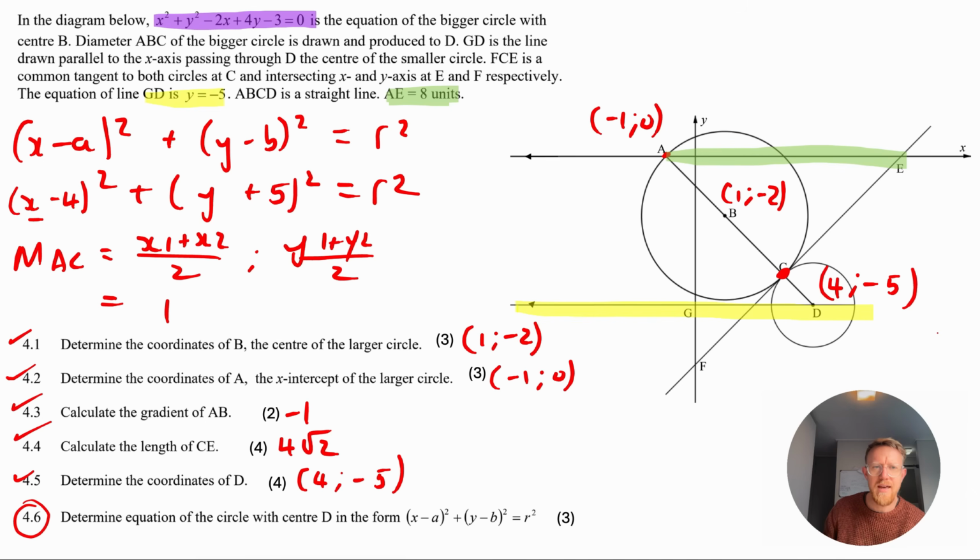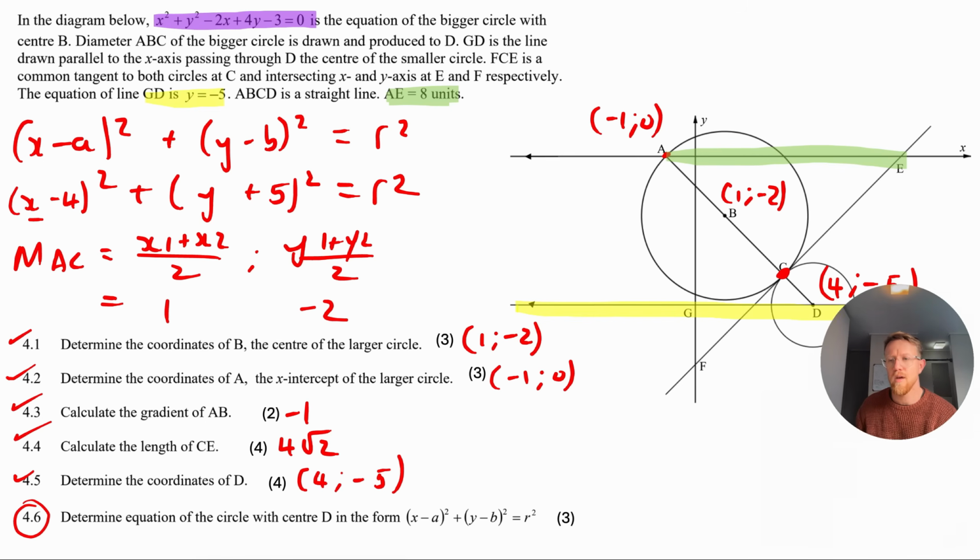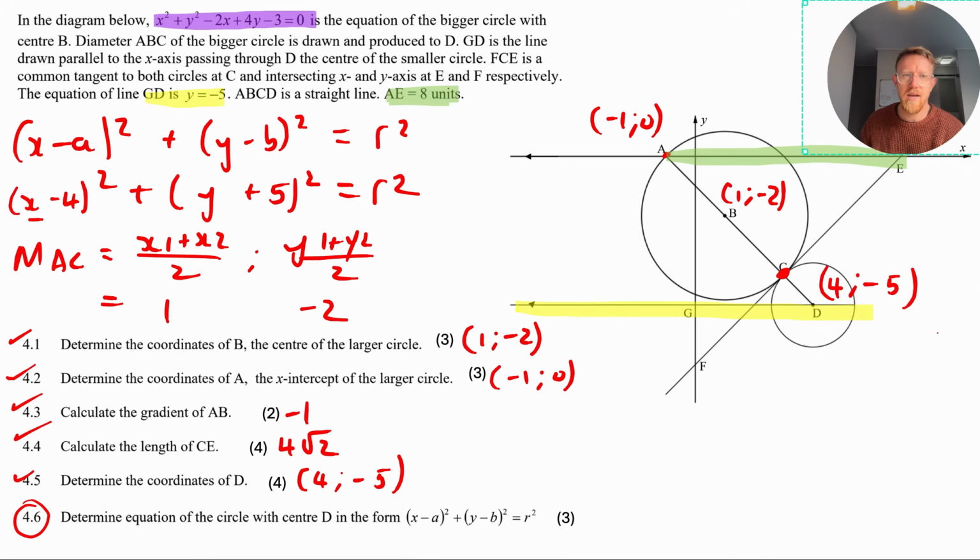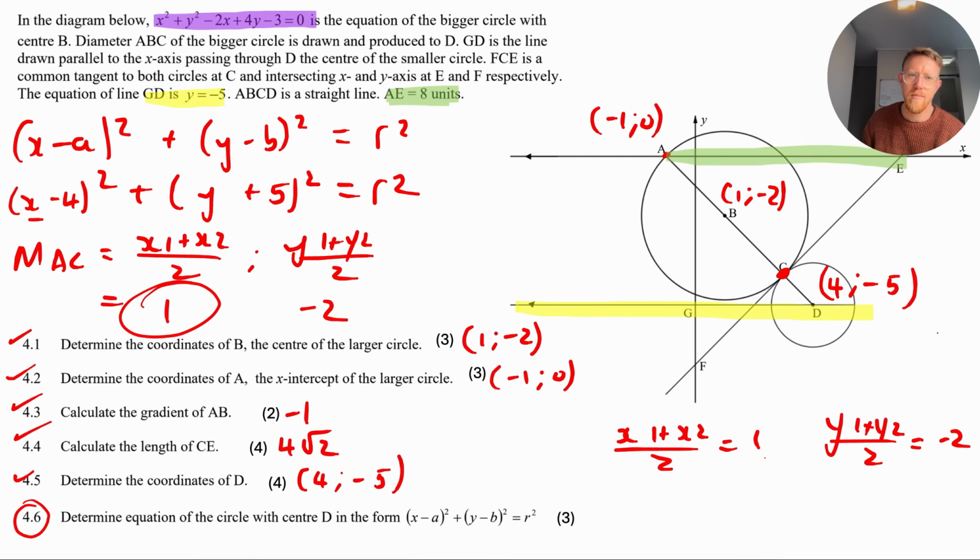We already know that the x answer should be 1, and the y answer should be -2. So what we then do is make two equations. We can say that x1 plus x2 over 2 should give us an answer of 1, and y1 plus y2 over 2 should give us an answer of -2, because that's what the midpoint is.